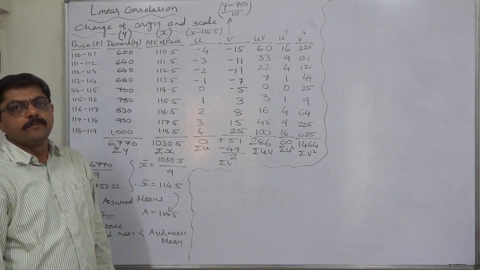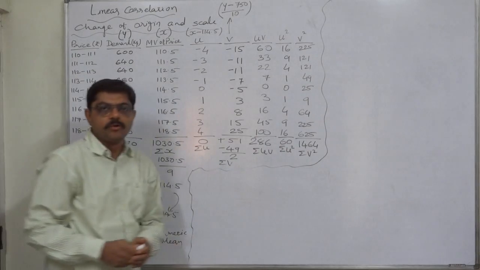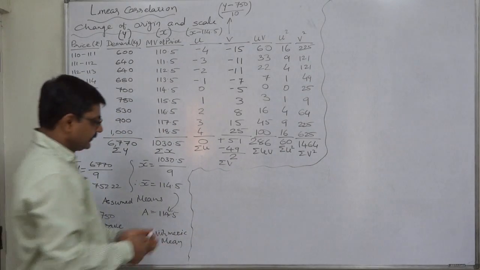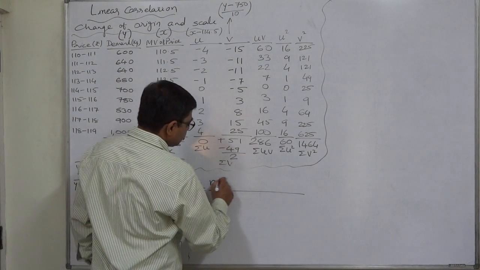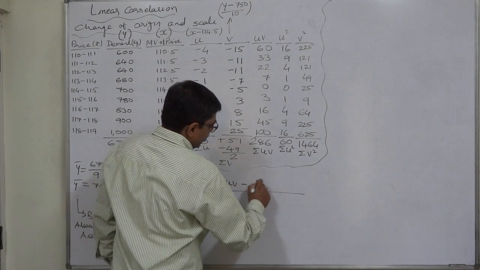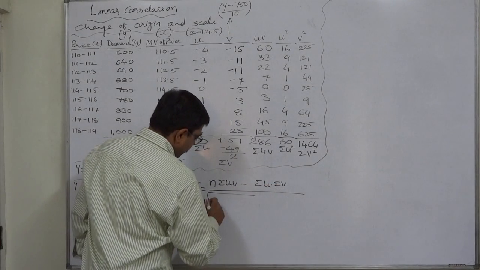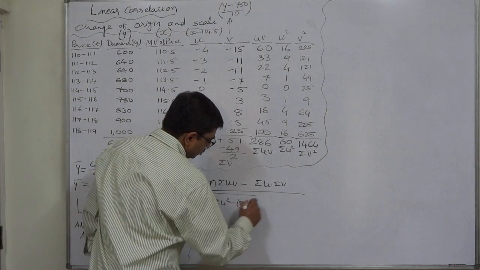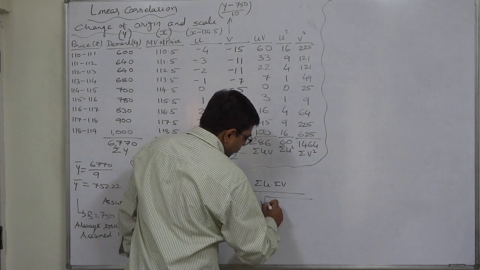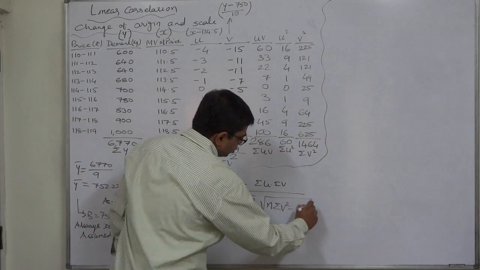So now we are in a position to substitute all these 5 summations in the formula. My favorite one, that is, coefficient of correlation equals n sigma uv minus sigma u into sigma v, upon under root n sigma u square minus sigma u the whole square, into under root n sigma v square minus sigma v the whole square.